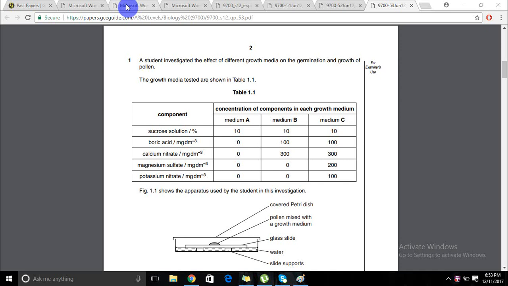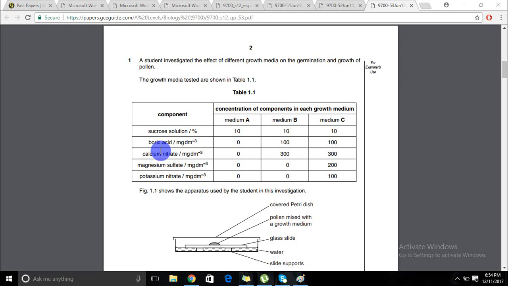And the growth media tested are shown in table 1.1, and this is table 1.1, and we have a total of 3 different media that we will be investigating, and how these media are different is also expressed in the table.